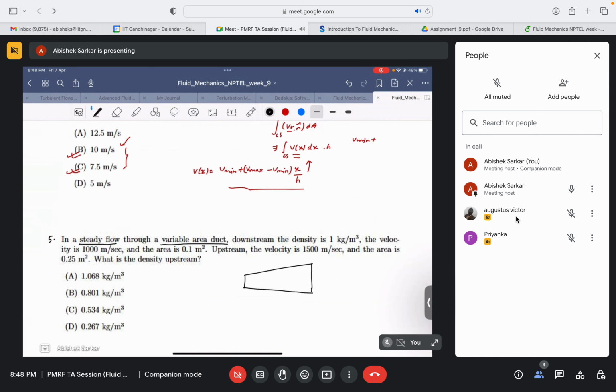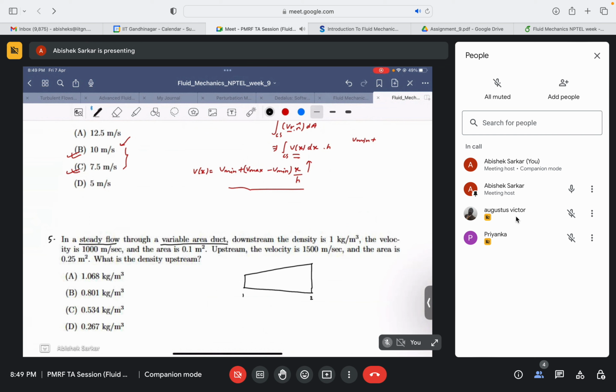Variable area. The downstream density is 1 kg per meter cube. The velocity at downstream is 1000 meter per second, and the area is 0.1 meter square. The upstream velocity is 1500 meter per second, and the area is 0.25 meter square.